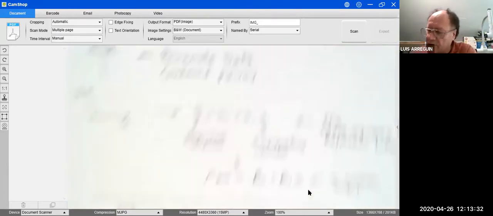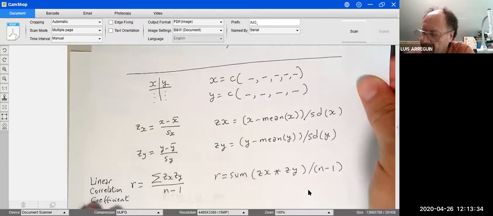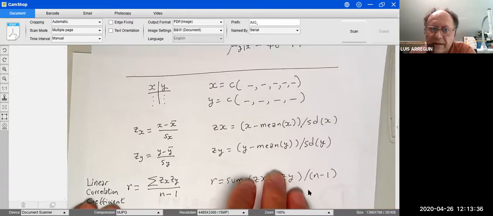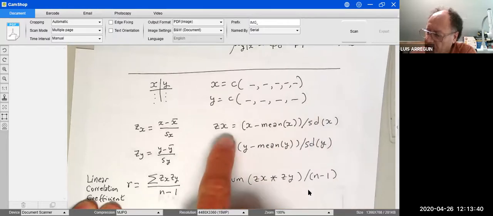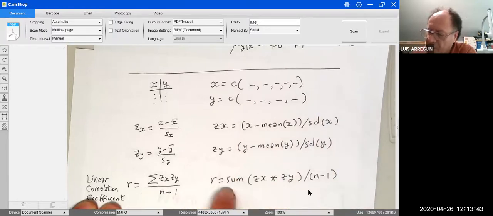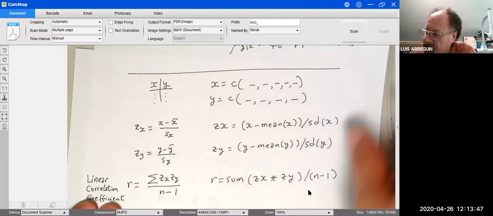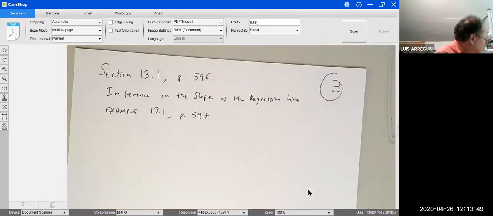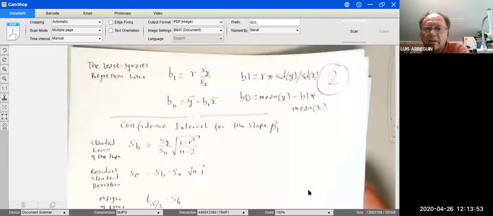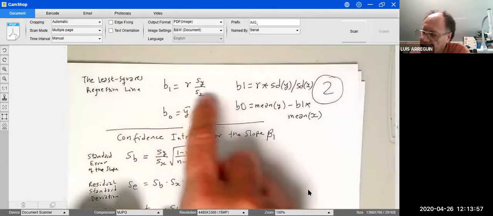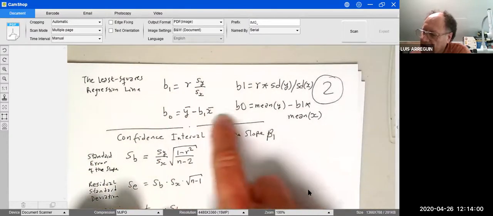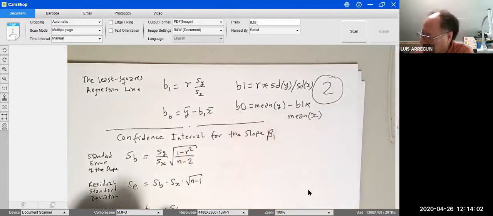We're gonna enter our data set, compute the z-scores, then compute the linear correlation coefficient, and with that we're gonna be able to compute the least squares regression line, which is the purpose of this example. So that's what we're gonna do now.